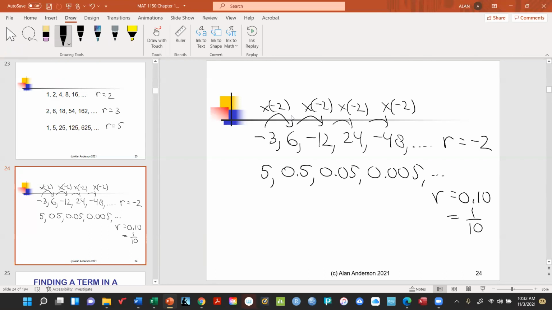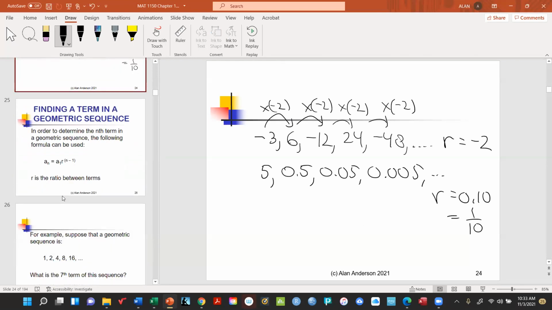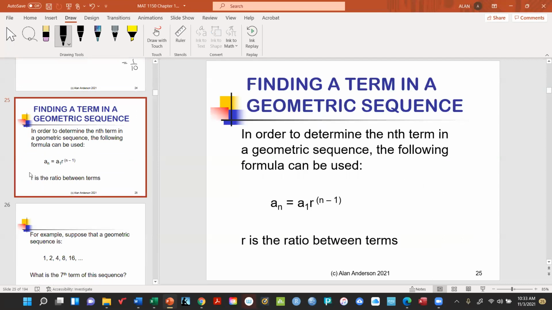All right, so the geometric sequences tend to be a little bit more involved than the arithmetic sequences. But luckily for us, there are formulas that we can use to identify any particular term in a geometric sequence and also define the sum of the first n terms. The formulas themselves are a little bit messier, but they're not that bad. So how do we find a specific term in a geometric sequence?